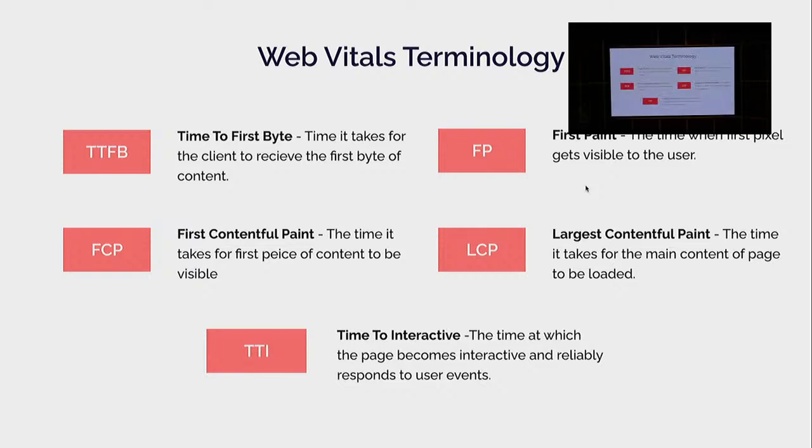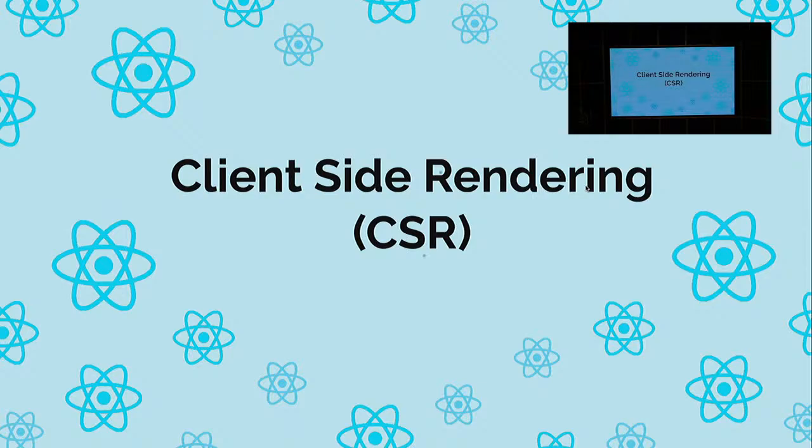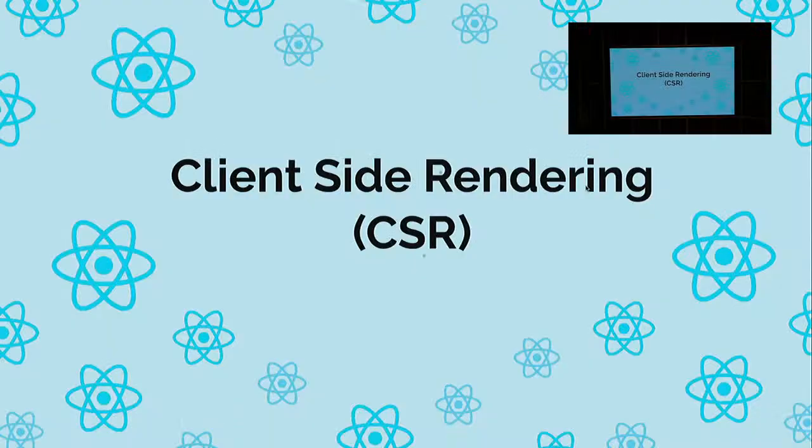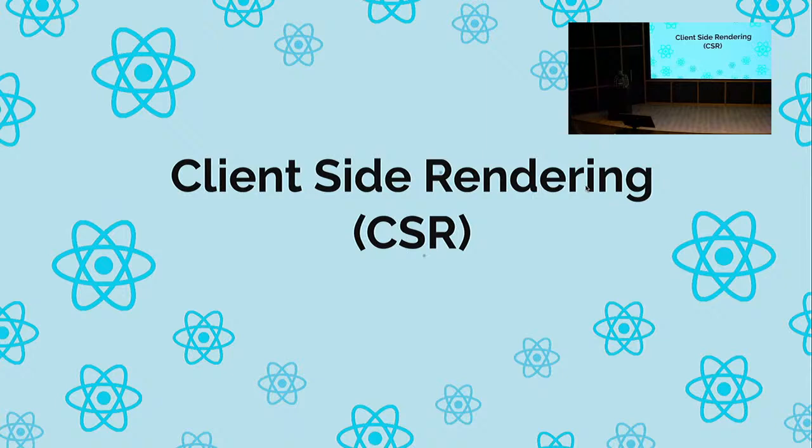Okay, so first we'll start with client-side rendering. Client-side rendering has been the most popular, default way of rendering React apps with Create React App, before frameworks like Next.js and Remix kicked in.